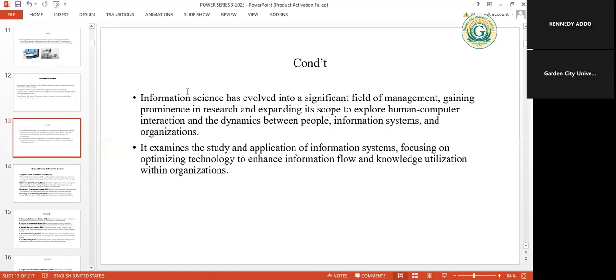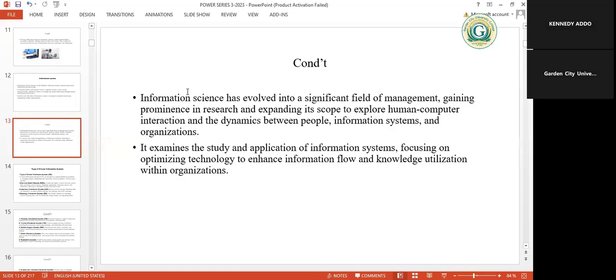Now, those people doing computer science have a course in information systems, or information system is even a distinct specialty on its own. It has been detached from what? Computer science. So that one seeks to look at the utilization of what? Technology in business organizations or within organizations.